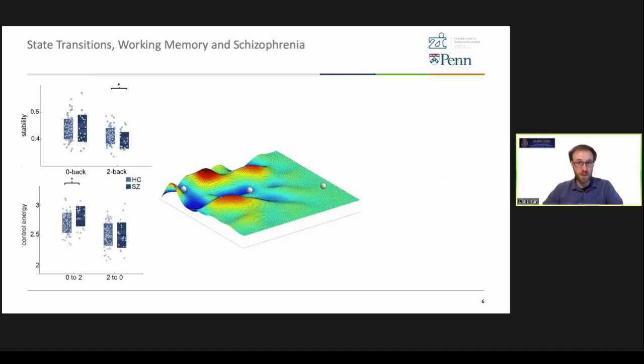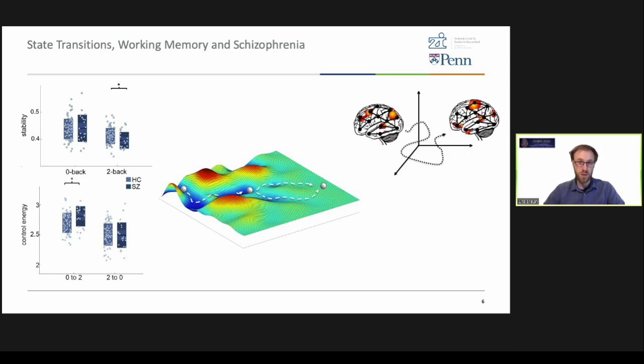Here is an illustration of that idea: the energy landscape for healthy controls is more pronounced, so it's easier to find an ideal trajectory, while in schizophrenia it is more diverse or more flattened, and it's harder to find the optimal trajectory.